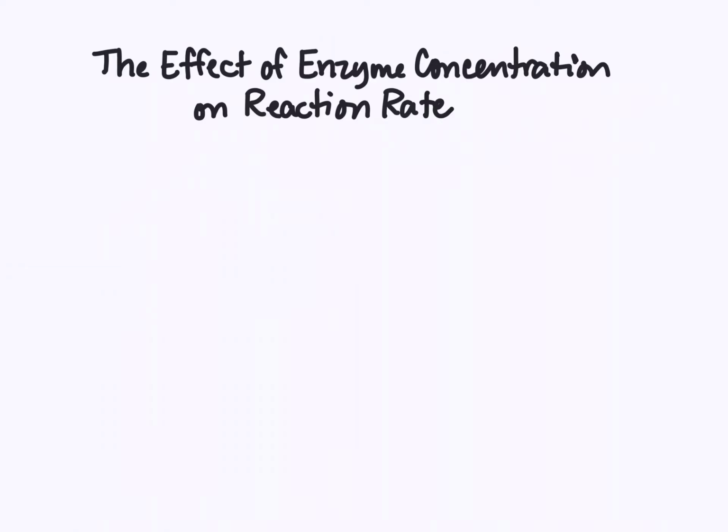So let's take a look at some numbers to help illustrate how the enzyme concentration affects the reaction rate of an enzyme catalyzed reaction. So let's put together a little chart to help us keep track of our data. So first of all, let's take a look at the number of substrate molecules present.